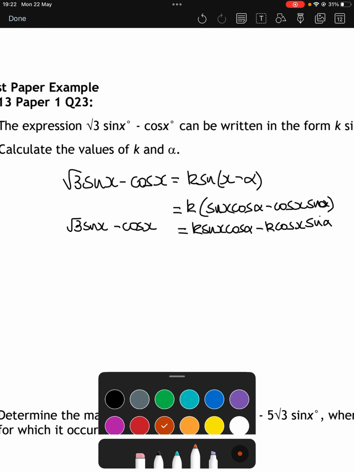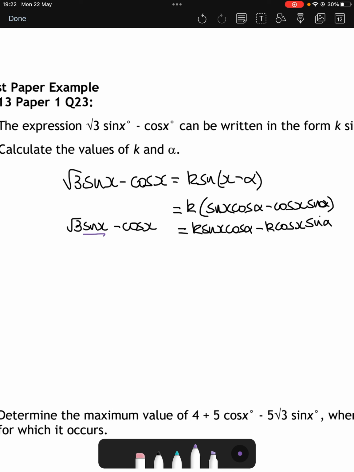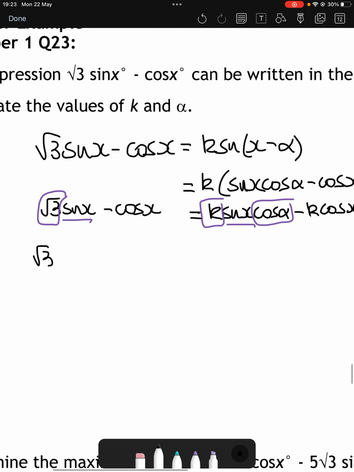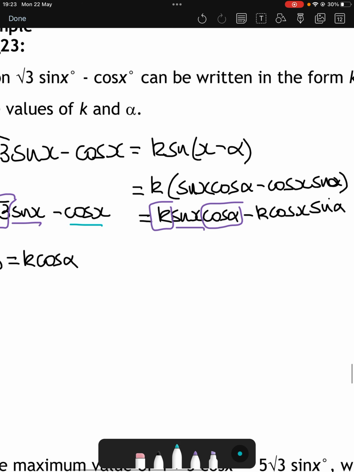Okay, let's divvy them up. Purple, right, sin x, root 3, okay, cos alpha, cos x, minus k sin alpha, that's a 1 minus 1.